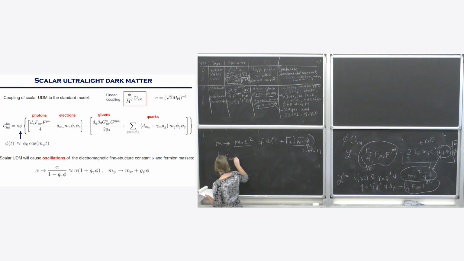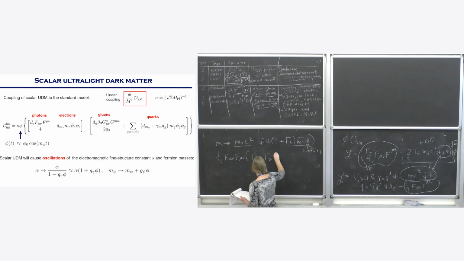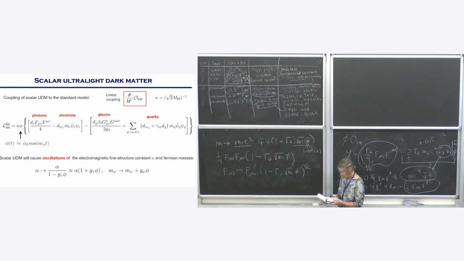So let's separate this one: we have 1 minus gamma alpha square root h bar c phi. Let's rescale it to F mu prime, 1 minus, and this is minus 1/2. All we are going to do is redefine it. And if we rescale it, we also have to rescale the a mu as well, so the a mu gets rescaled in the same fashion.